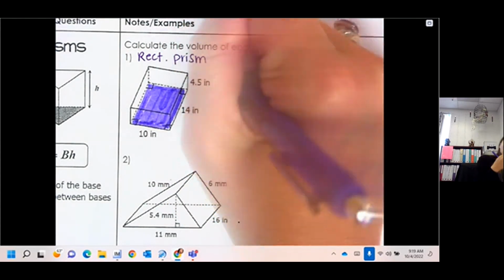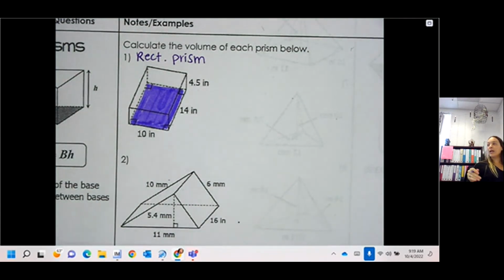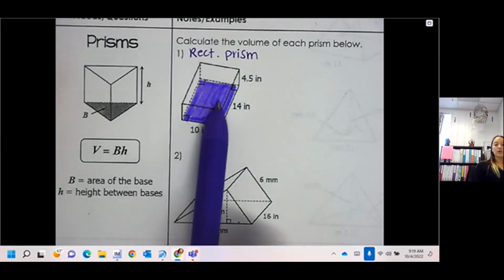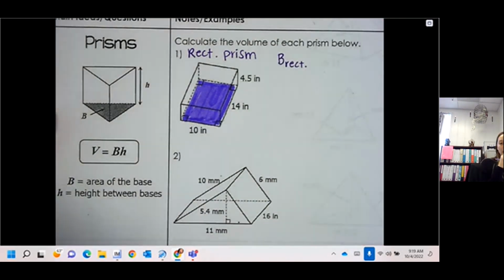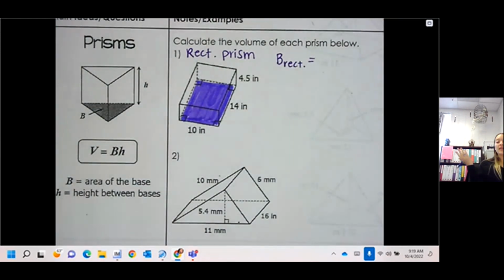Okay, rectangular prism, so I'm identifying it as I go through. So first step is we find the area of the base, and we just said the base shape was a rectangle, so we're going to find the area of a rectangle. And I like to just write what the shape is so I don't forget. Okay, how do we find the area of a rectangle?